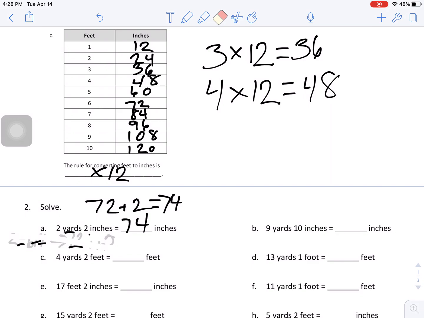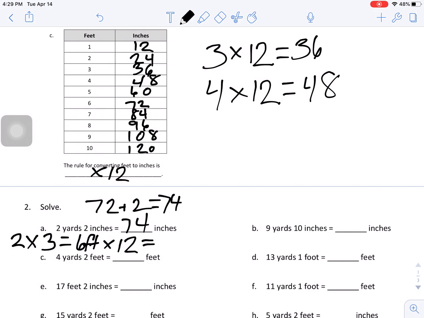Another way I could do this, and if I didn't want to use the conversion tables and I only want to use multiplication, is I could say I have to turn my yards into feet. There are 3 feet in every yard, and that gets me 6 feet. And then I have to go these 6 feet times the 12 inches that are in each foot.